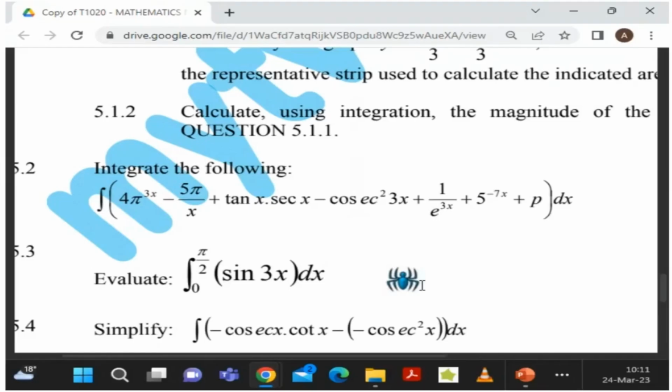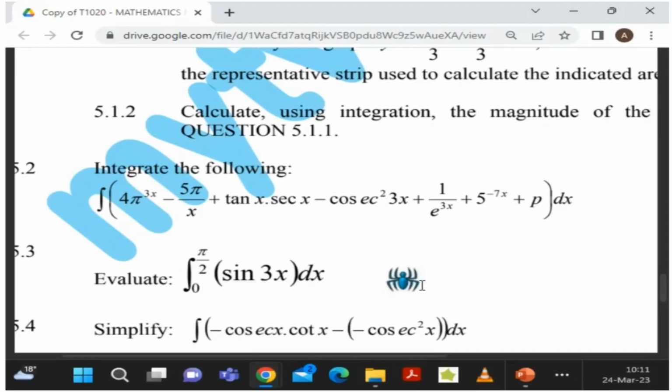Now, we have 5 pi over x. How do you integrate that one? You don't need to bring the x up. Remember, if you bring that x up, the exponent will be minus 1. So you integrate 1 over x.